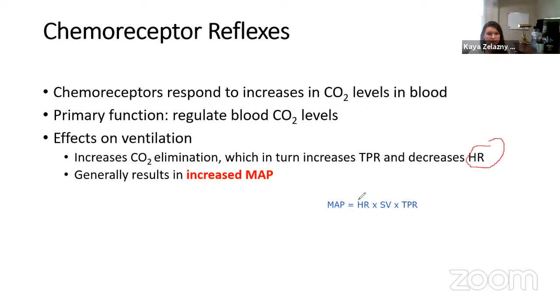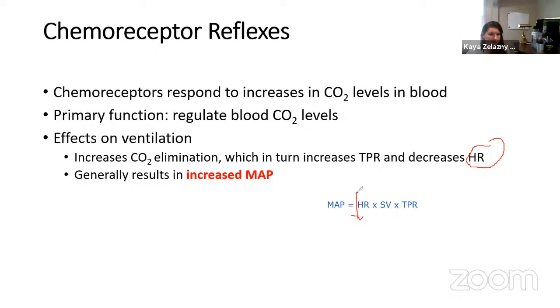So we're decreasing the heart rate. This is really what's kind of driving these effects. In order to increase CO2 elimination, one of the things that's producing a lot of CO2 is your heart. Your heart uses a lot of energy. It's very metabolically active. So if you decrease the heart rate and decrease the contraction in the heart, you don't produce as much CO2. So that's kind of what your body is doing. That's why it's slowing down the heart rate.